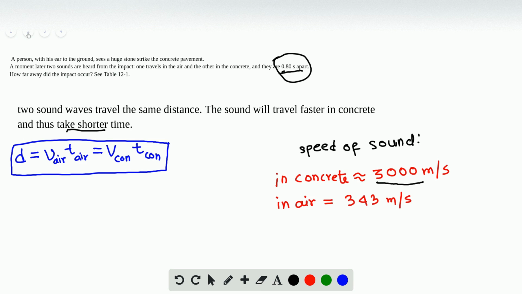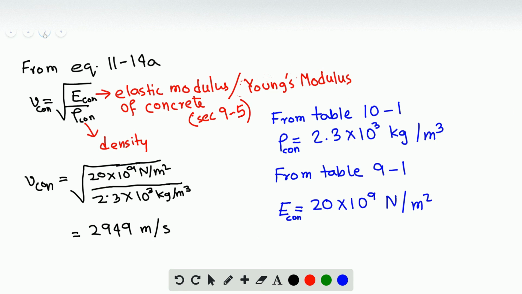To do so, we'll be using this equation, equation 14a from chapter 11, which says that the velocity in any material is equal to the square root of the elastic modulus, or Young's modulus, of that material divided by the density of that material. For our case, since it's concrete, I've taken all the subscripts as concrete.